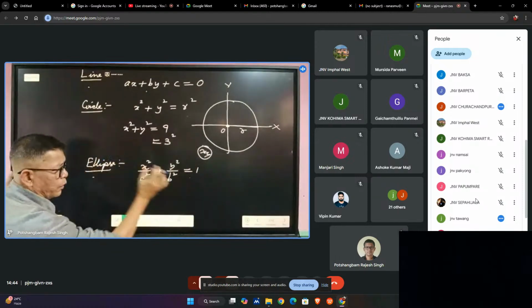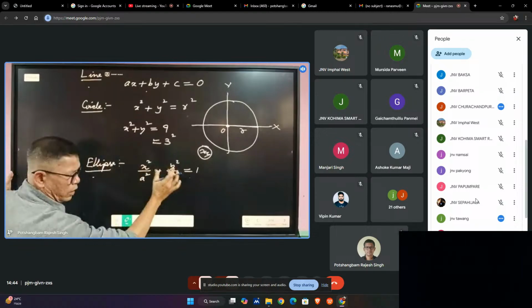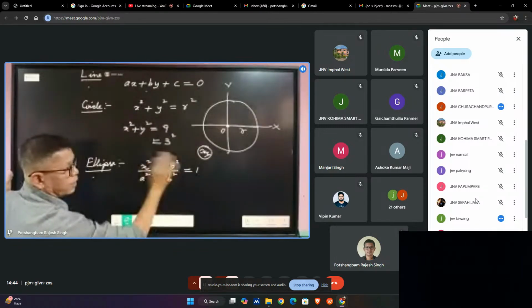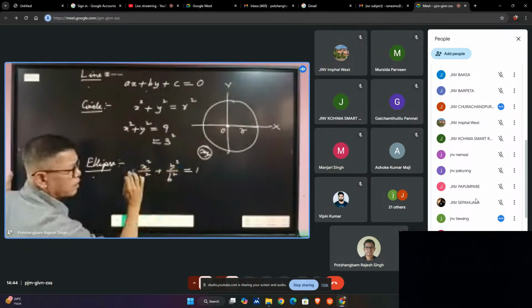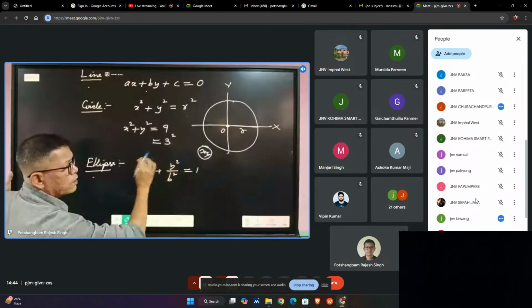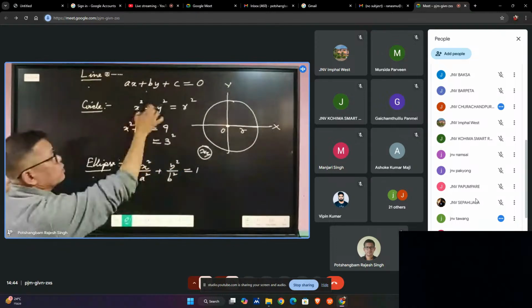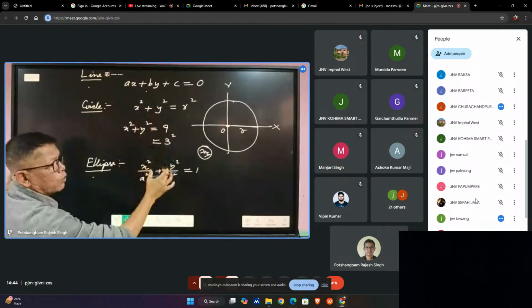This equation represents the ellipse, which is also an equation of second degree involving the two variables x and y, such that both variables possess the same power, 2. So it is a second degree equation.